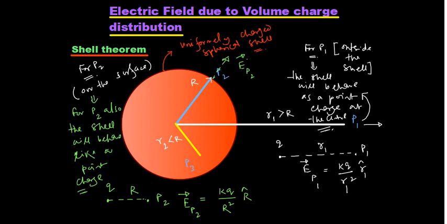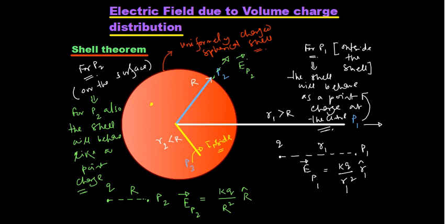P3 point, you can clearly see that this point is inside, right? This P3 point is inside. So what happens briefly, if we think about a point inside, I will just take a point here as an example.